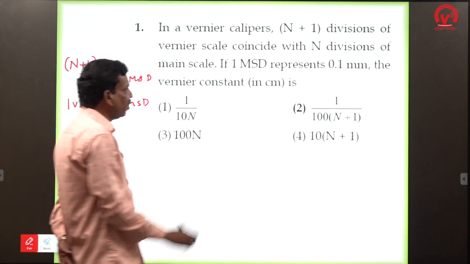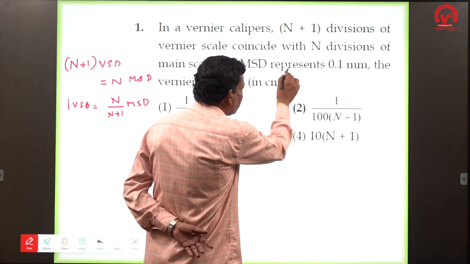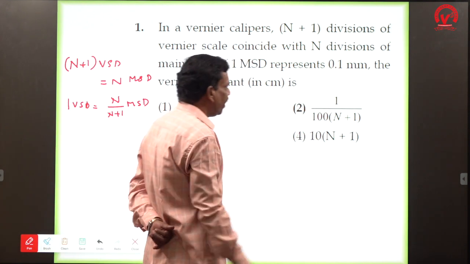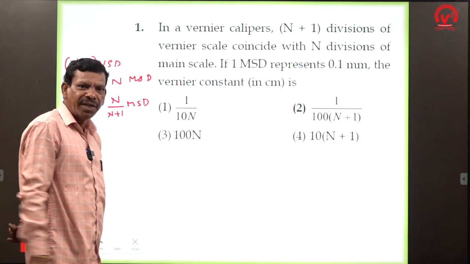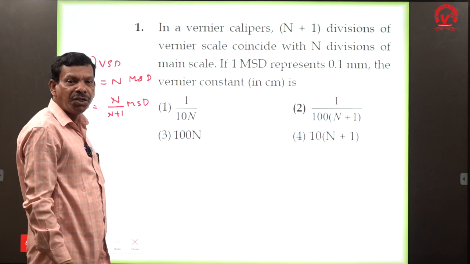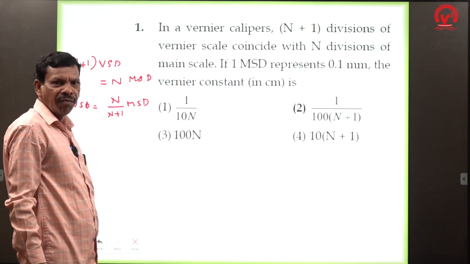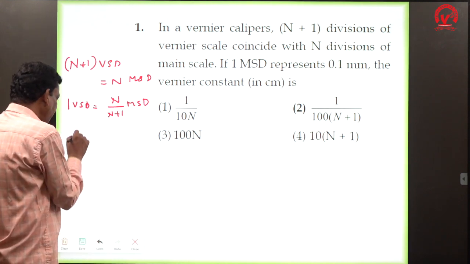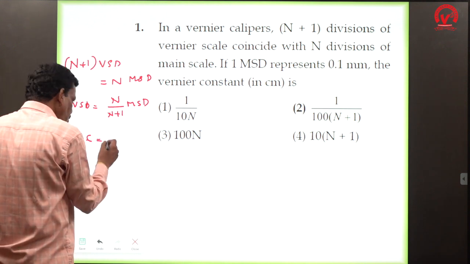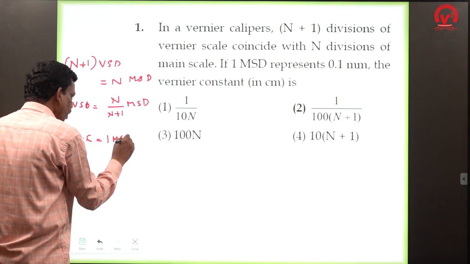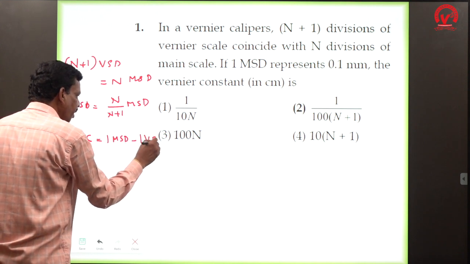So here what they ask: if 1 MSD represents 0.1 millimeter, the vernier constant in centimeter is? Vernier constant means least count of vernier calipers. Now LC is equal to 1 MSD minus 1 VSD.